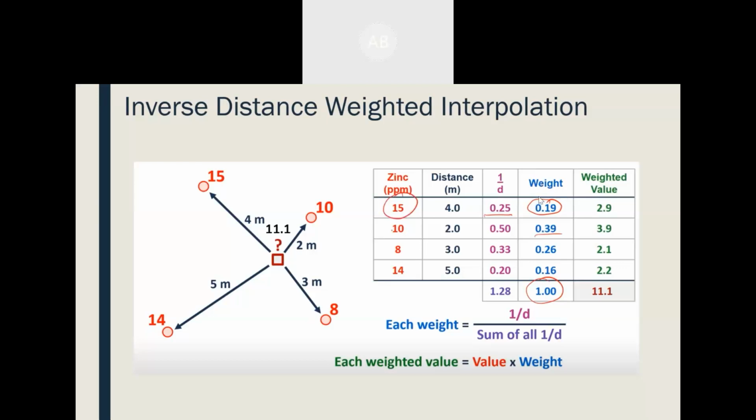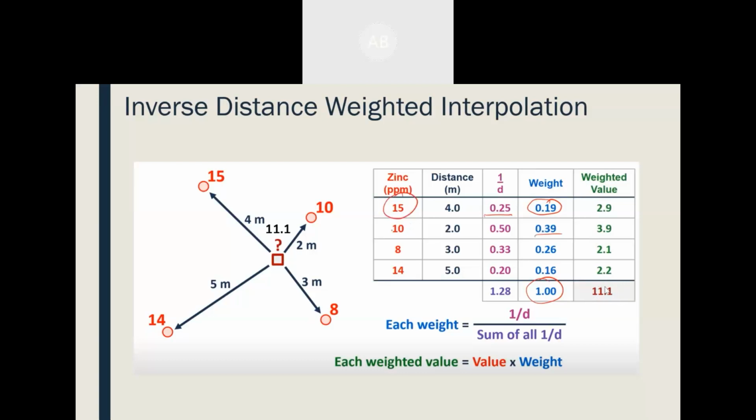So how much is the weight of this point? That is point number 15. In order to determine this unknown, you have a weight of 2.9. Similarly, when the distance is shorter, the weight is higher and vice versa. So ultimately you will get the weighted value, which is what we are actually interested to find.